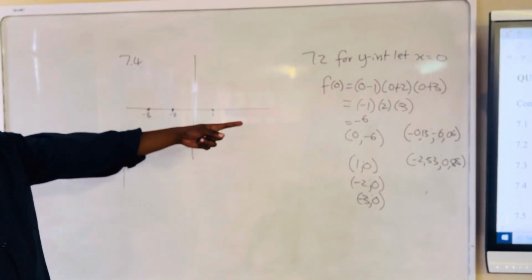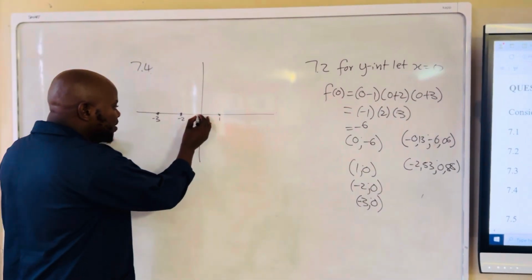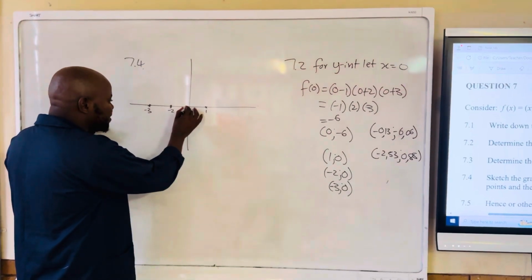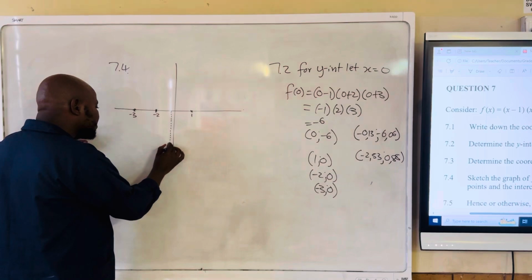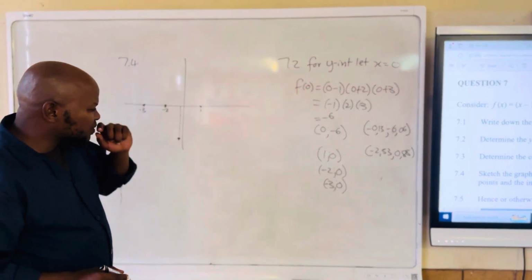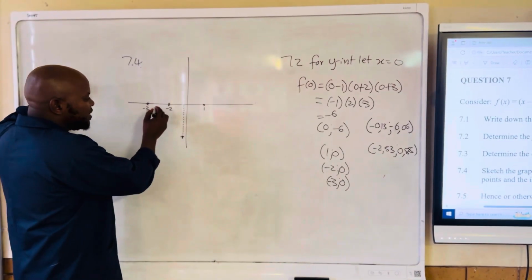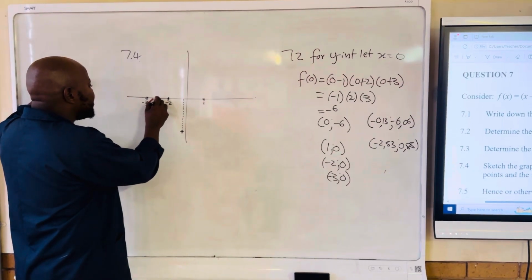The value of x is negative 0,13, which can be somewhere here, and negative 6,06, which can be somewhere here now. Nice. Then the second turning point is negative 2,53 and 0,88, which can be somewhere here now.